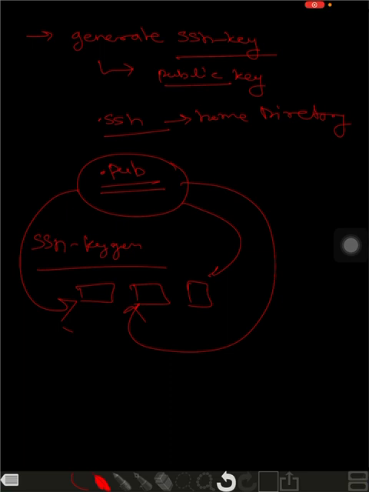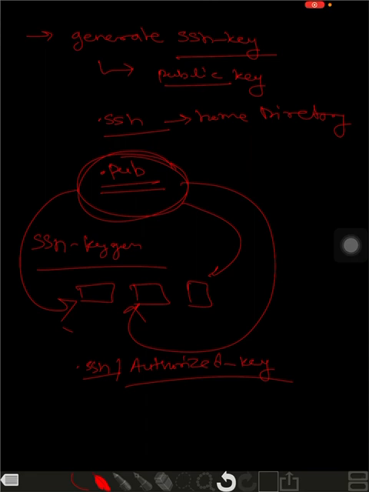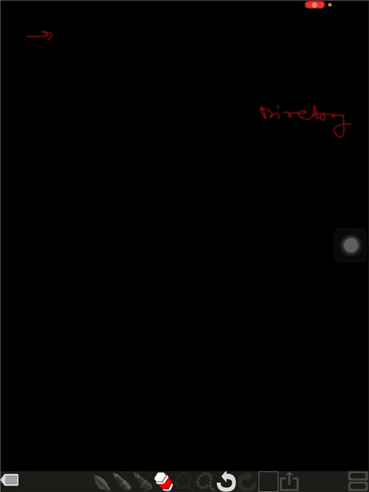And then there will be another file inside the .ssh folder under the home directory, named authorized_key. Add the content of the .pub file to the authorized_key file on the other host. Do this for all the hosts, and this way you will be able to enable the passwordless SSH with the root user.